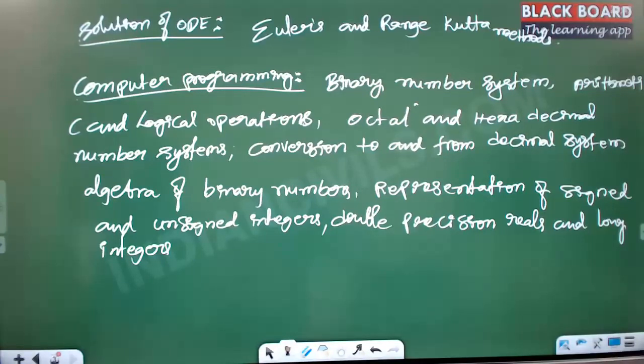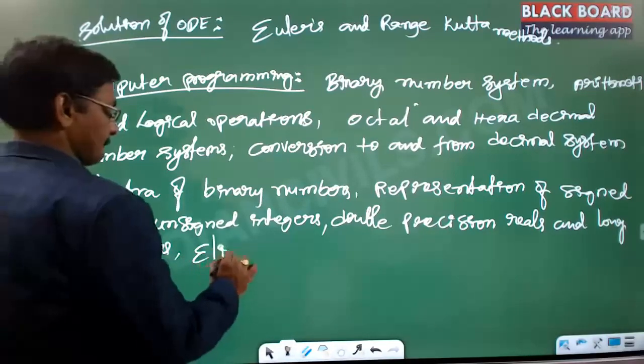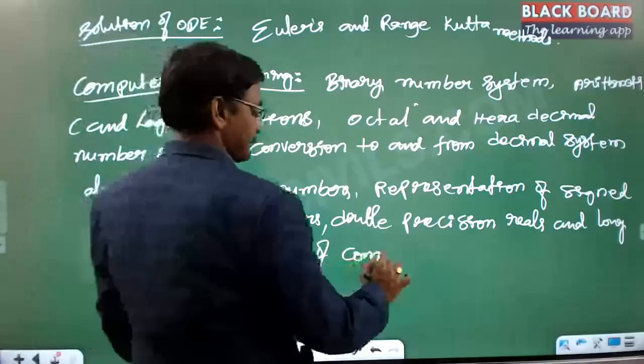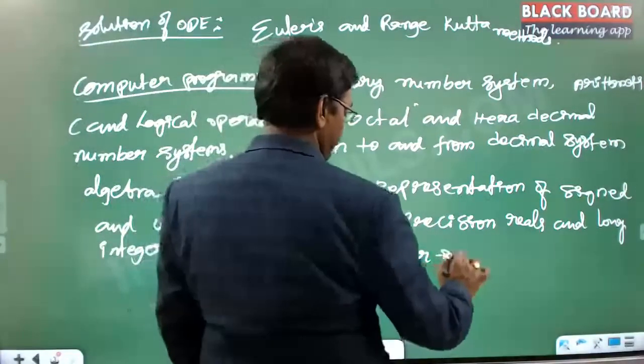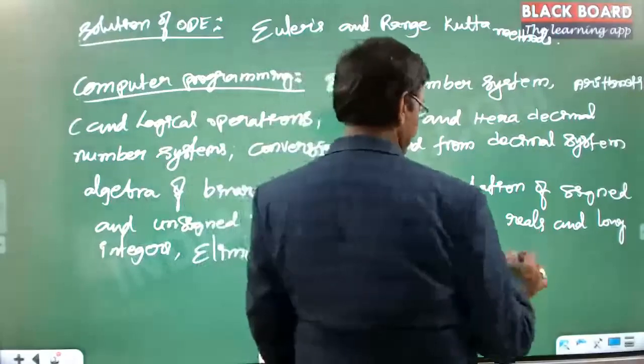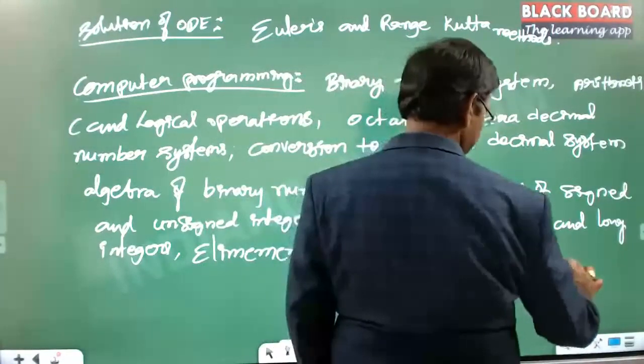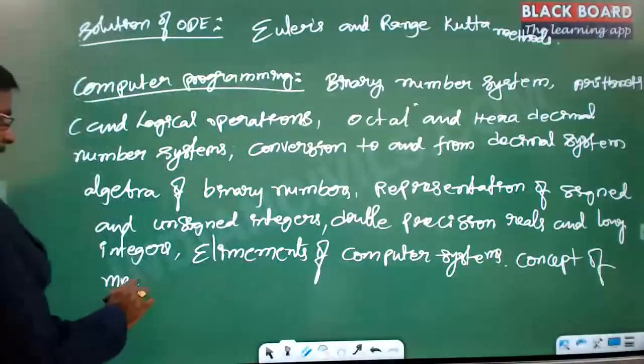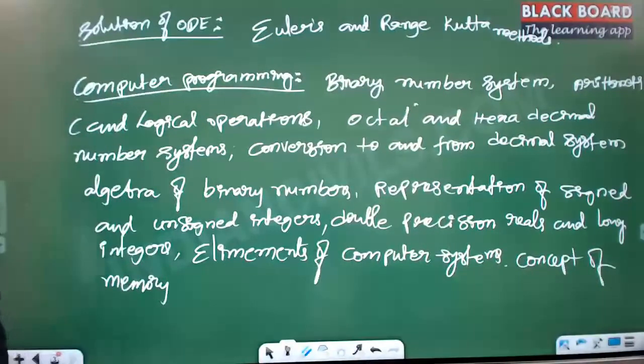Elements of computer systems and the concept of memory. Basic logic gates and truth tables, Boolean algebra and normal forms.